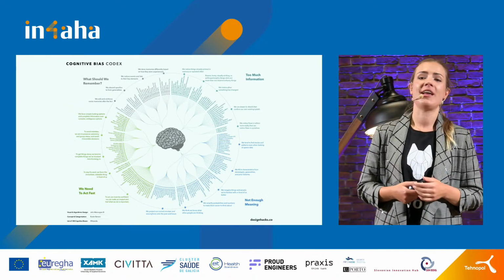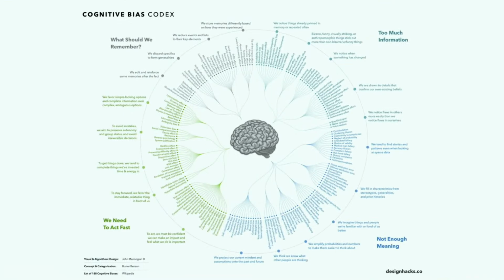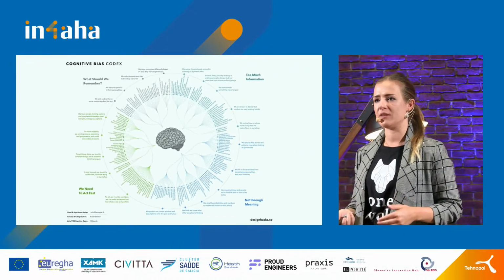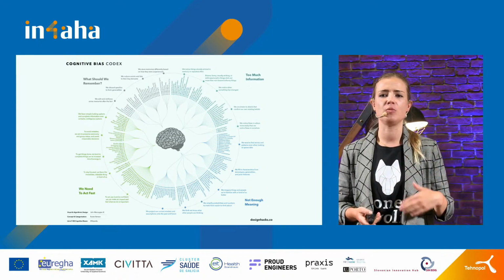There are about 188 of them, and this is literally how our brains help us operate every day. You don't wake up each morning thinking, if I move my hand like this, I need to grab my phone. These are things you don't think about.